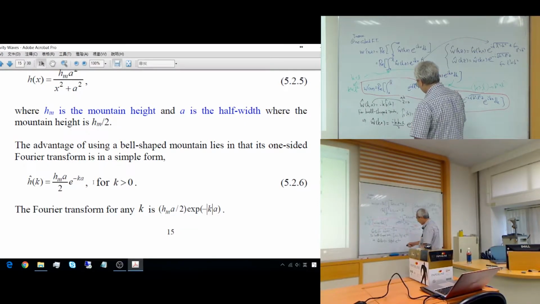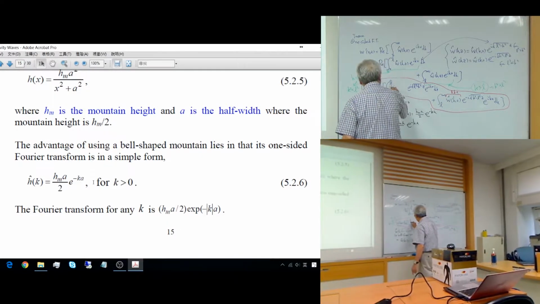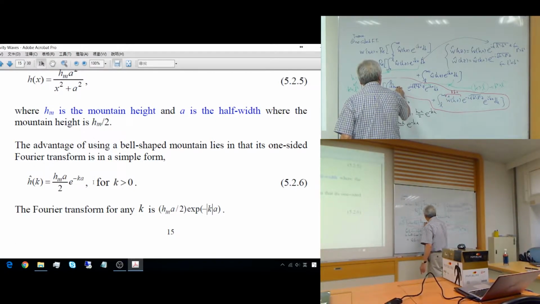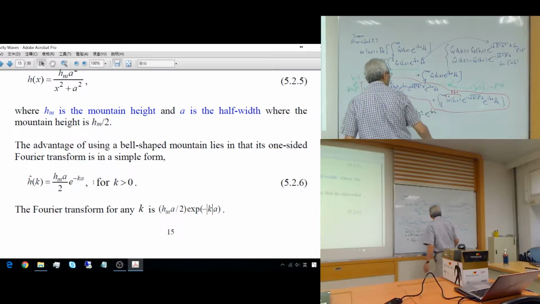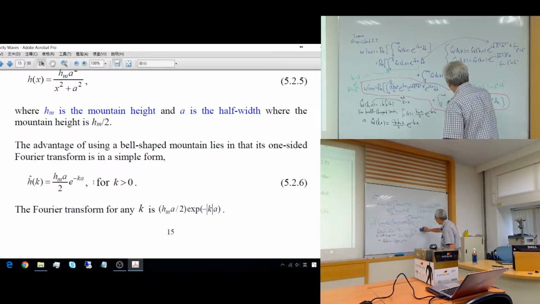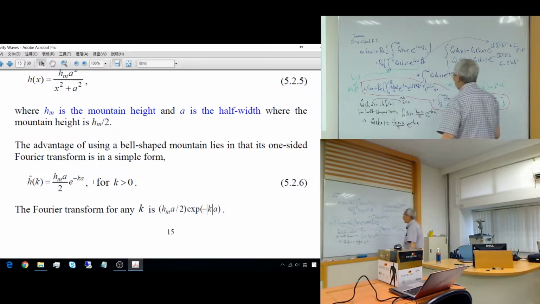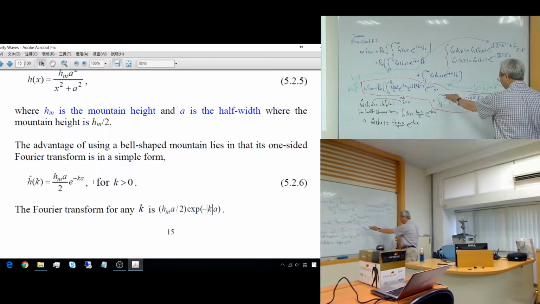We substitute this lower boundary condition into it for the bear-shaped mountain. Then we have ik HM times a divided by 2 e to the minus ka. So for the bear-shaped mountain, we have this solution.